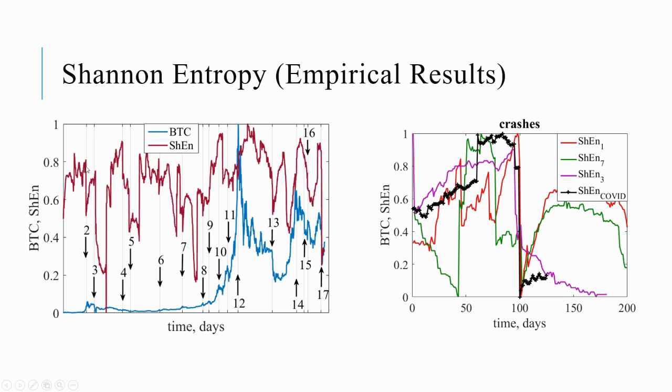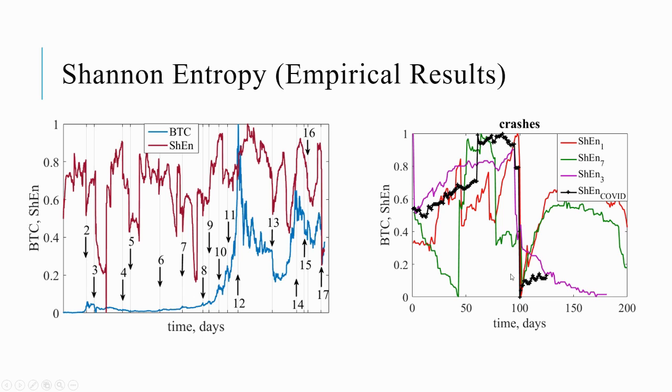We can see that during the crash, Shannon entropy decreases, indicating some abnormal phenomena in our market, and after that it starts to increase, indicating that the corresponding time frame is random.